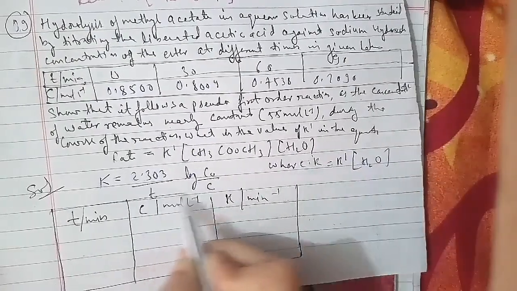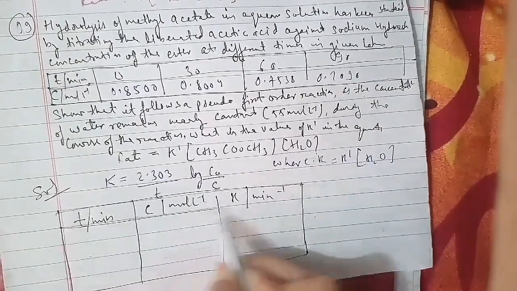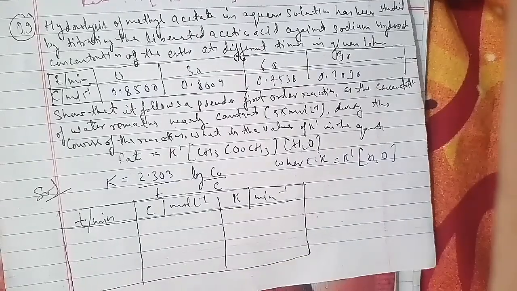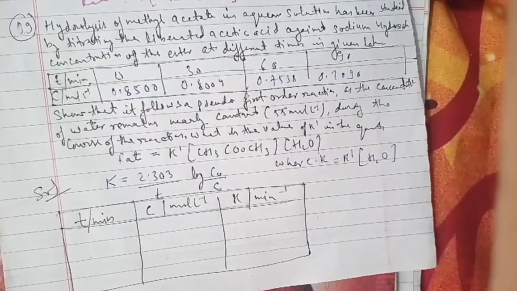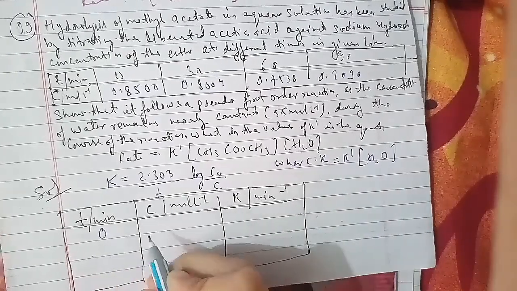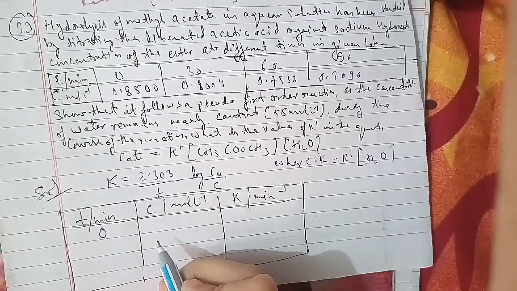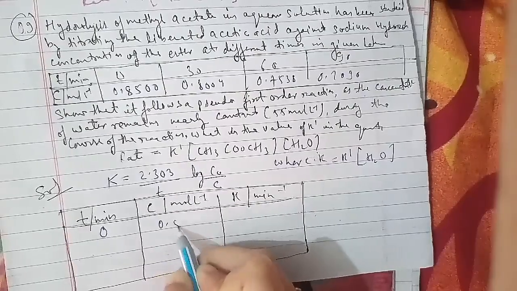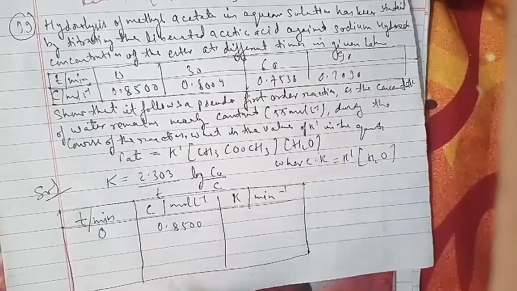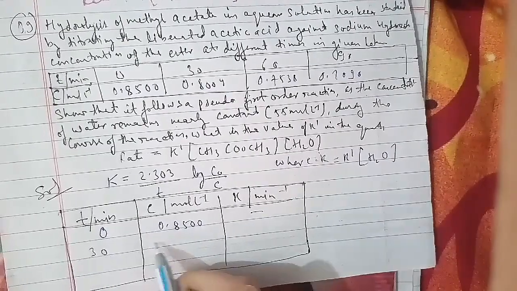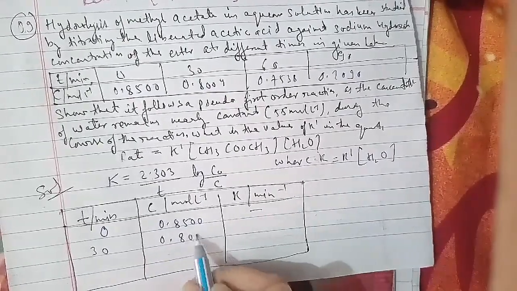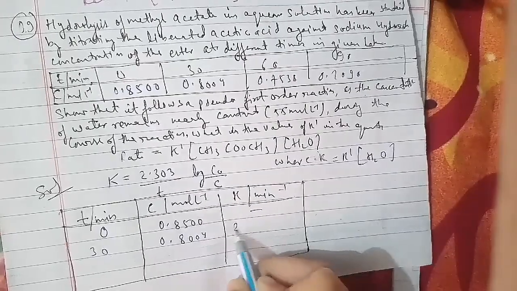Okay, on the same cases we have to find out. We'll just put a value here and then we'll go ahead as well. For the t, that is for t equals 0 minute, we will have a value of 0.8500. Then for 30, it is 0.8004, 2.004 into 10 to the power minus 3.